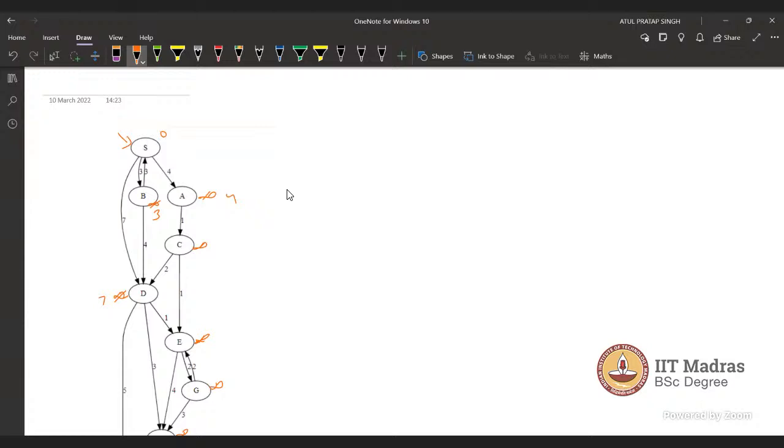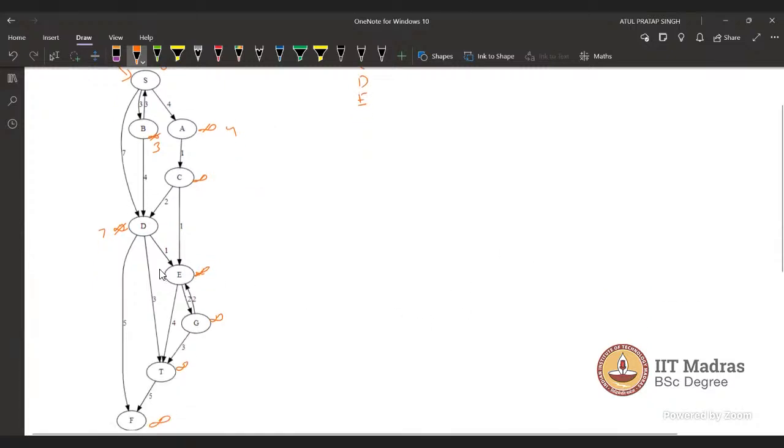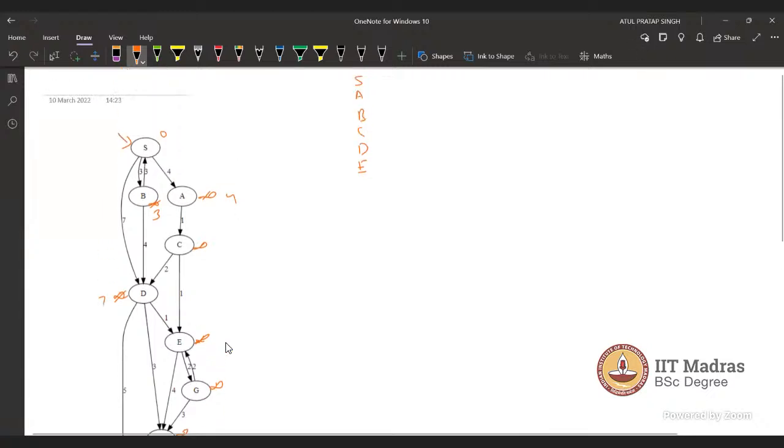S, A, B, C, D, E, F, G, T. Okay, so this is the null, and we are updating the weight of A, B, and D. So what is the parent of A now?